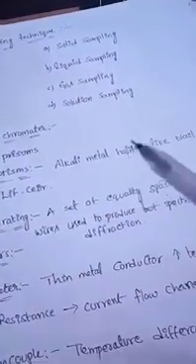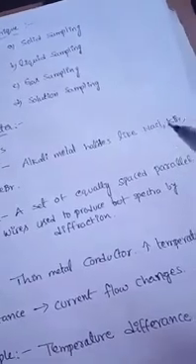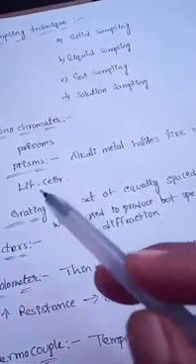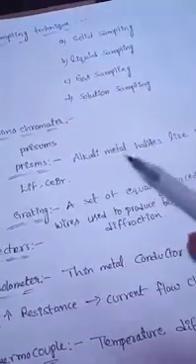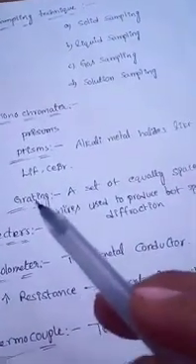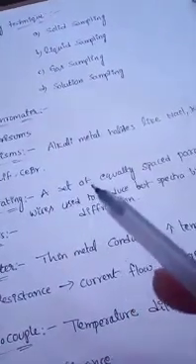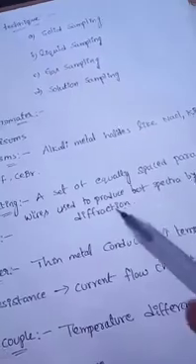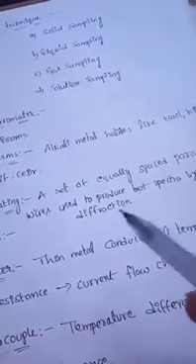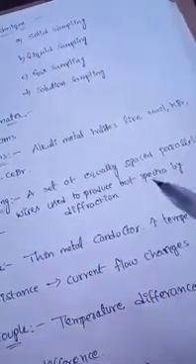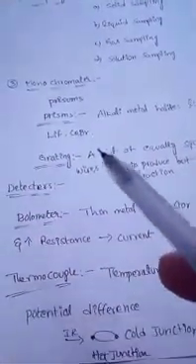Prisms are alkali metal halide materials like sodium chloride, potassium bromide, lithium fluoride, and cesium bromide. Next is the grating. A grating is a set of equally spaced parallel wires used to produce spectra by diffraction. Diffraction means a bending manner. This is the grating material. These two materials are used as monochromators in IR spectroscopy.